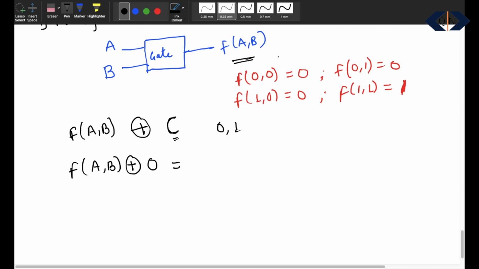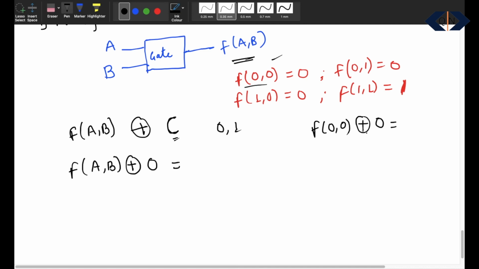Suppose we are talking about the AND gate itself. Suppose we take F(0,0) XORing it with 0. What are we getting?